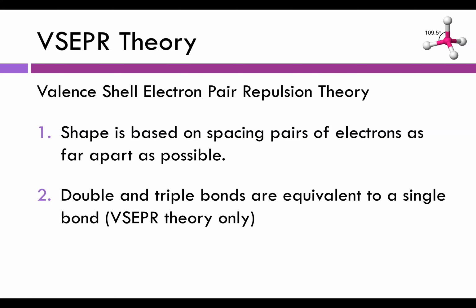When it comes to predicting geometry, it doesn't matter if it's a single, a double, or a triple bond. They're all treated the same way in VSEPR theory. It's more about how many other atoms are bonded to the central atom and how many unshared pairs of electrons are on that central atom.